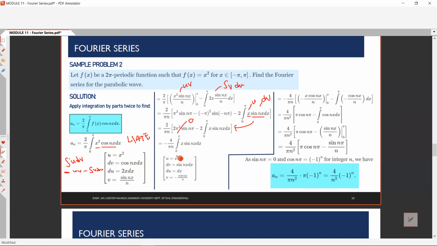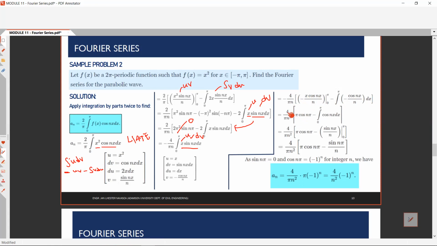Therefore u is equal to x, dv is equal to sine nx dx. Integration by parts: du is equal to dx, v is equal to negative cosine nx over n. This is your u, this is your dv. Then integration by parts gives uv minus integral of v du.